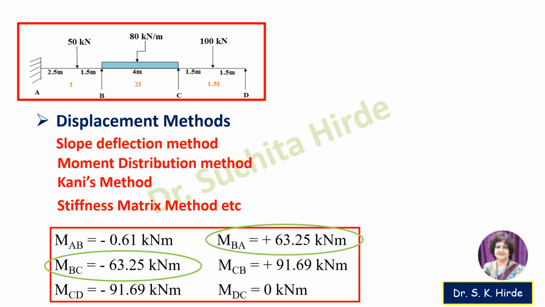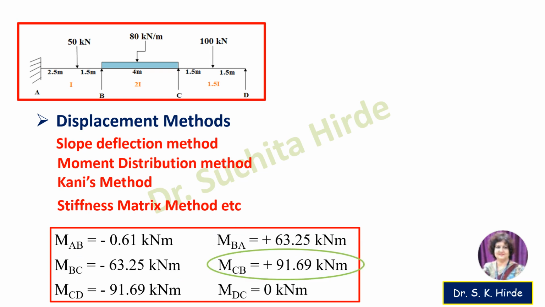Similarly, for MCB and MCD also you must get opposite values. Same magnitude but opposite sign. One more thing, at a simple support which is at the end you will get bending moment equal to 0. If you get results like this, then your answers are correct.